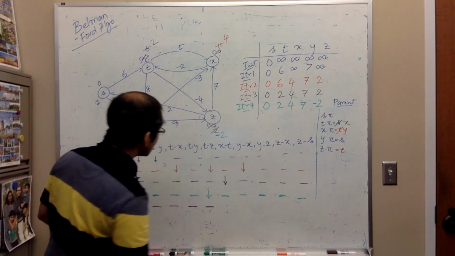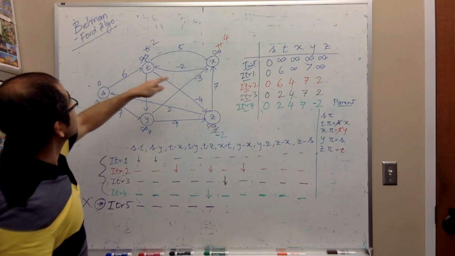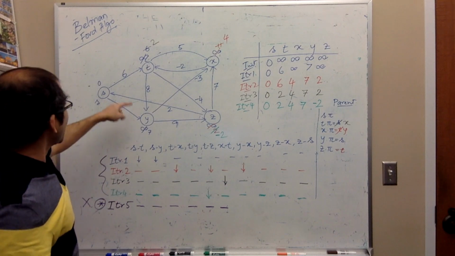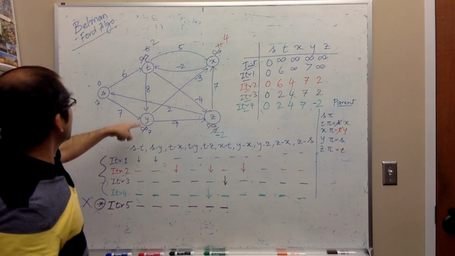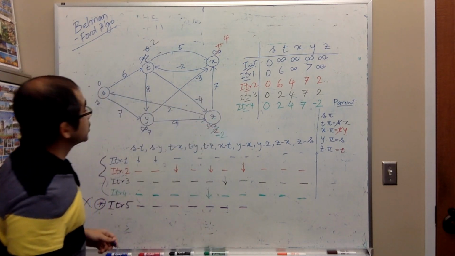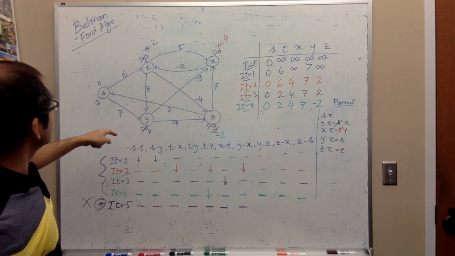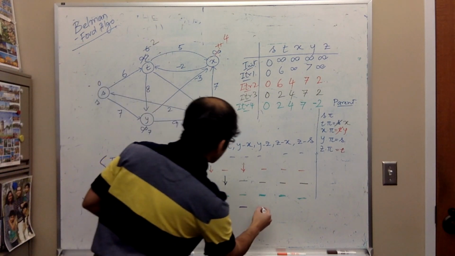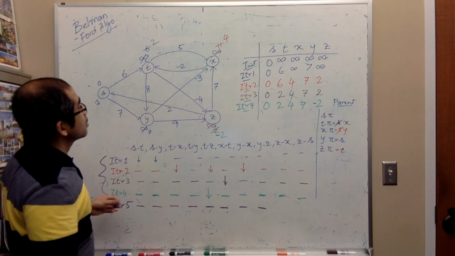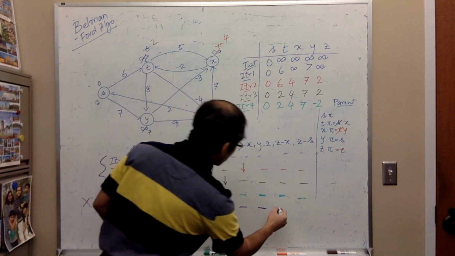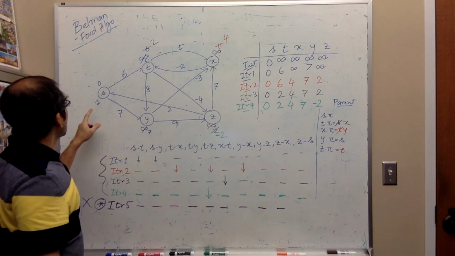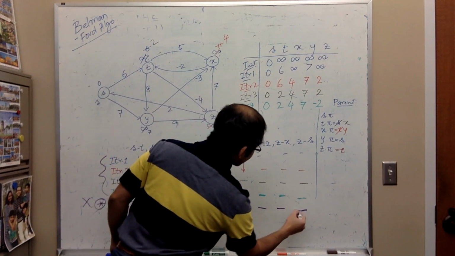Then X to T, X is 4 minus 2, that is 2, no change. Y to X is 7 minus 3, which is 4, no change. Y to Z is 7 and 9, so no change. Z to X is 7 minus 2, which is 5, we have a 4, so no change. And Z to S is minus 2 and plus 2 is 0, which we already have, so no change.